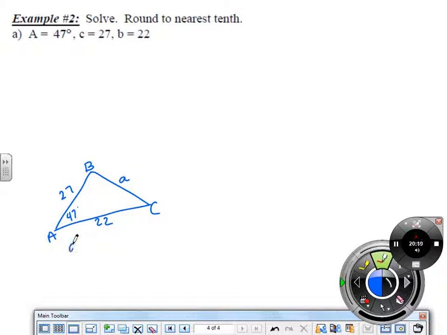Okay, so find for me. I'm going to use the 22 and the 27 as my two side lengths in the formula, and the cosine of 47. So we'll put the calculation in the calculator.